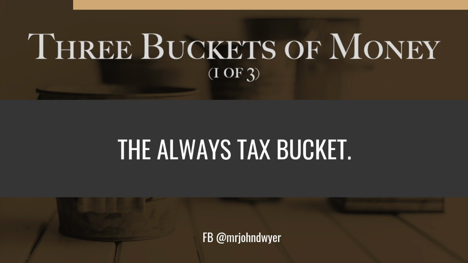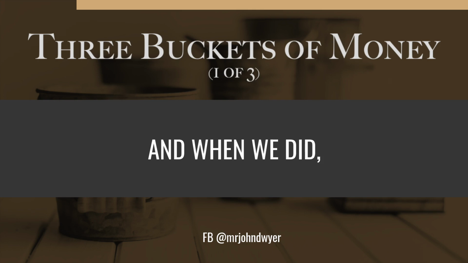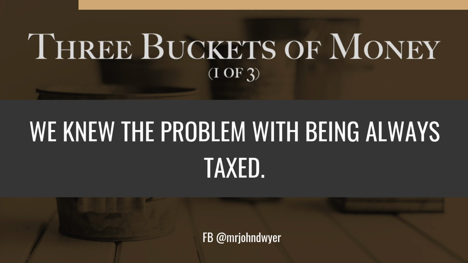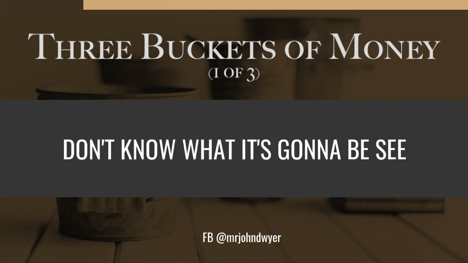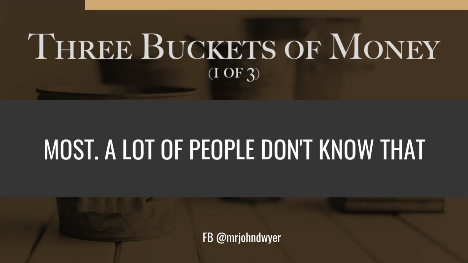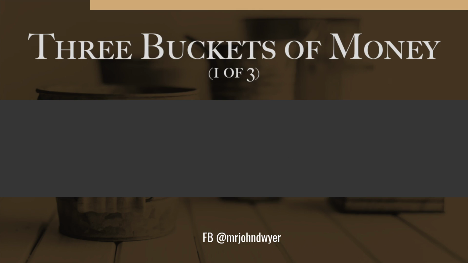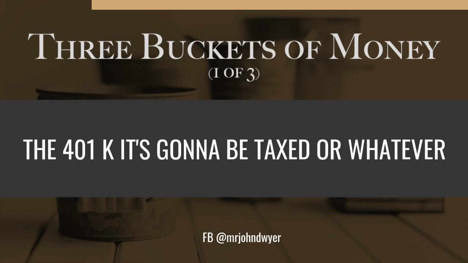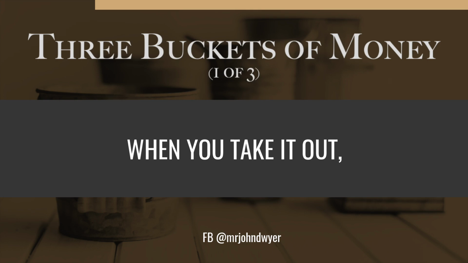And John, the always taxed bucket, the problem there is, we took the tax deductions, and when we did it, it was at a tax rate we knew. The problem with being always taxed, it'll be at a tax rate that we don't know what it's going to be. A lot of people don't know that the money in your employer savings account, the 401k, is going to be taxed at whatever the tax rates are when you take it out.